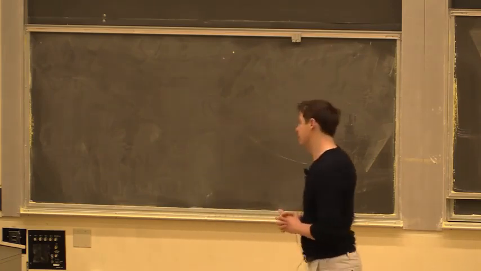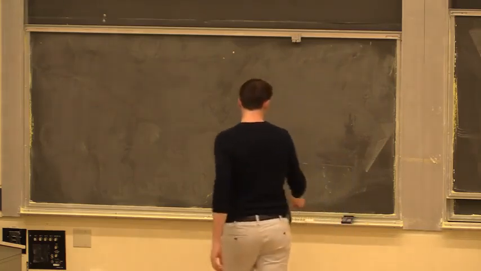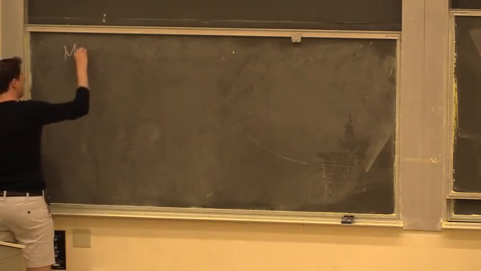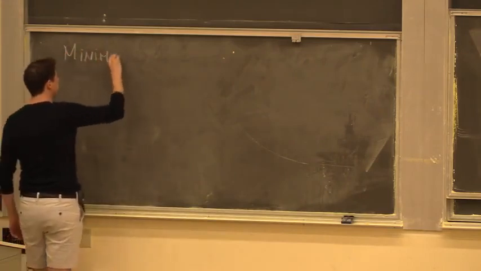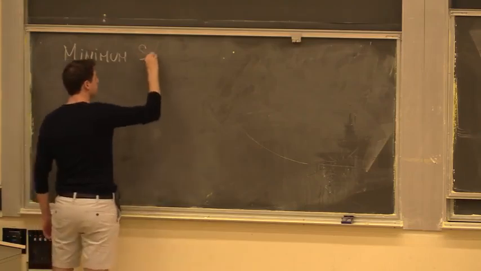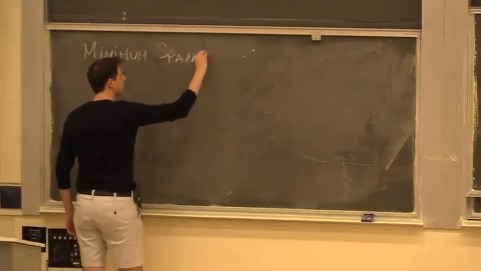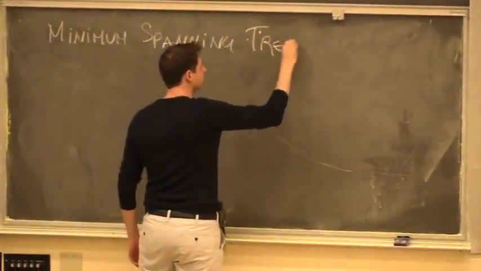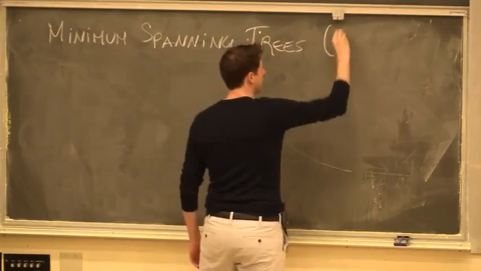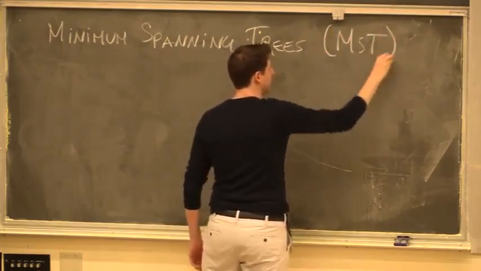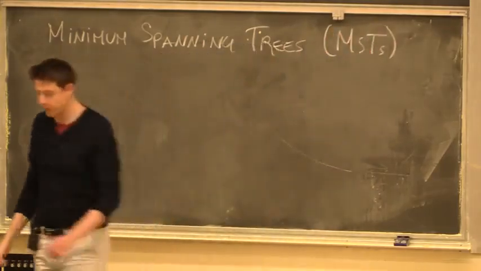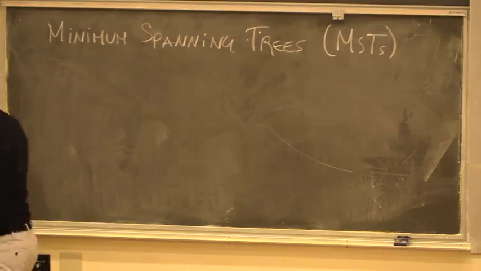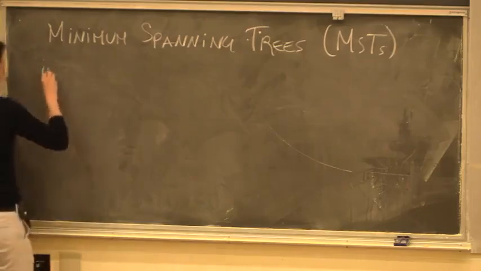Okay, so let's define the problem that we're studying. It's called minimum spanning trees, usually abbreviated MSTs. Okay, and the input is a graph with weights.